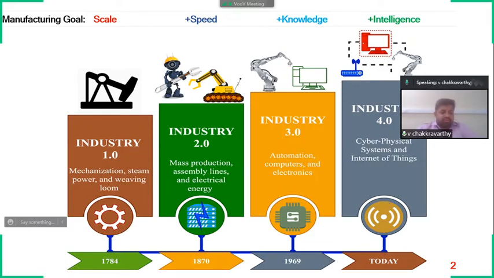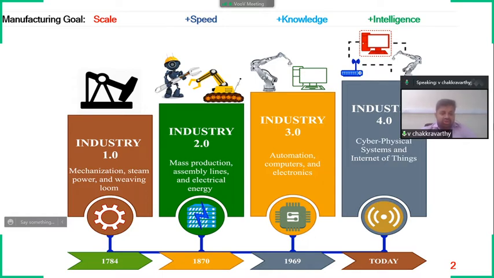Before stepping further, first let us remember one thing. As of now, we are in the fourth industrial revolution, which is popularly referred to as Industry 4.0. This industrial revolution emphasizes integrating cyber physical systems, the Internet of Things, and digital technologies such as sensors, actuators, and even a few other technologies such as big data and remote sensing.